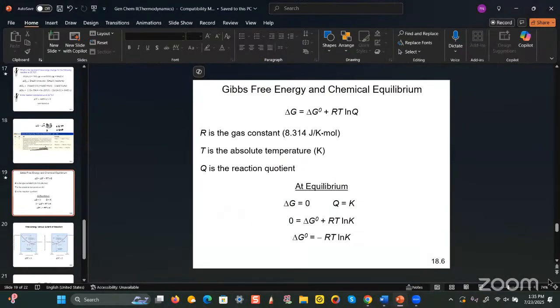Okay, so let's talk about the relationship between free energy and chemical equilibrium. So basically, we're going to make connections between what we just learned about free energy and what we learned a couple of chapters ago concerning equilibrium, right? And it turns out that there is a relationship between the free energy of a reaction and the reaction quotient given by this equation, right?